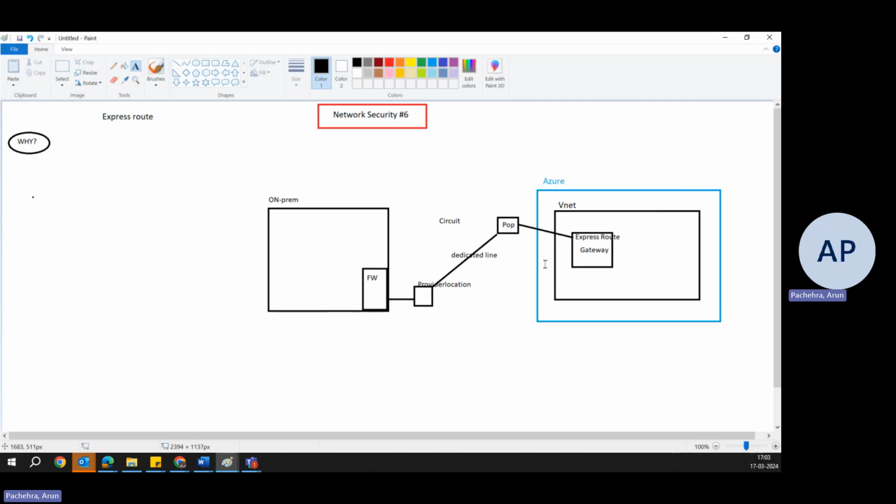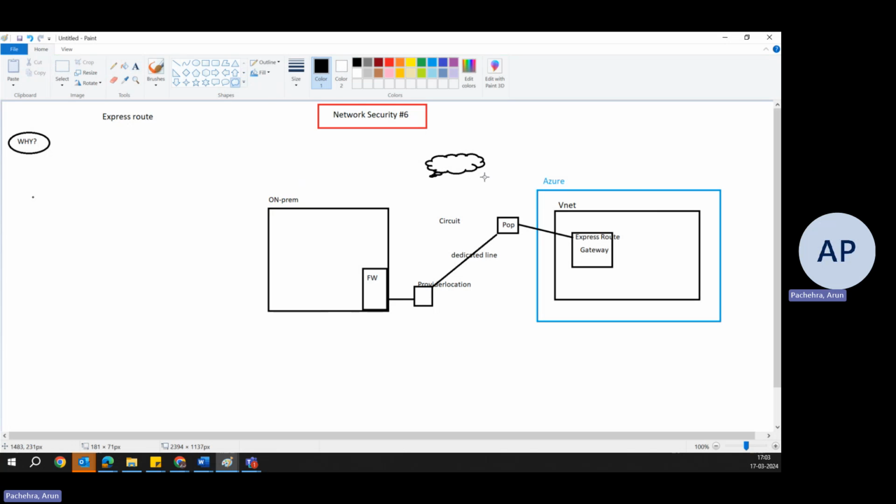Now, how do we connect the ExpressRoute? First of all, what is ExpressRoute? ExpressRoute is a service that provides a private dedicated line from your on-premises to Azure. It's a dedicated line. It's not going through the internet.